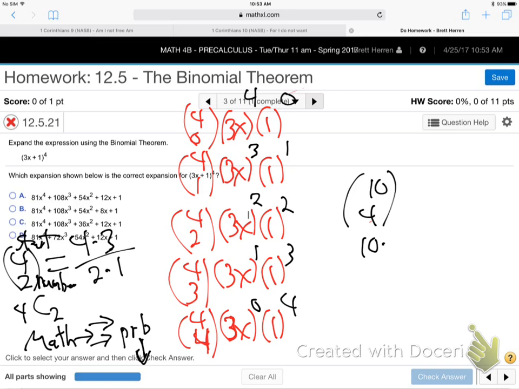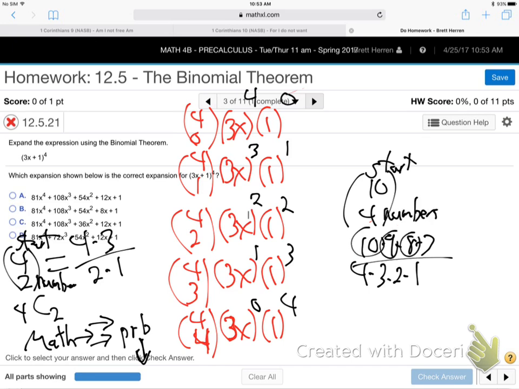Then I would start at 10, 9, 8, 7, do 4 numbers on top, over 4 all the way down to 1. Does that make sense? If you want to do it by calculator, you can use the C button on your calculator.